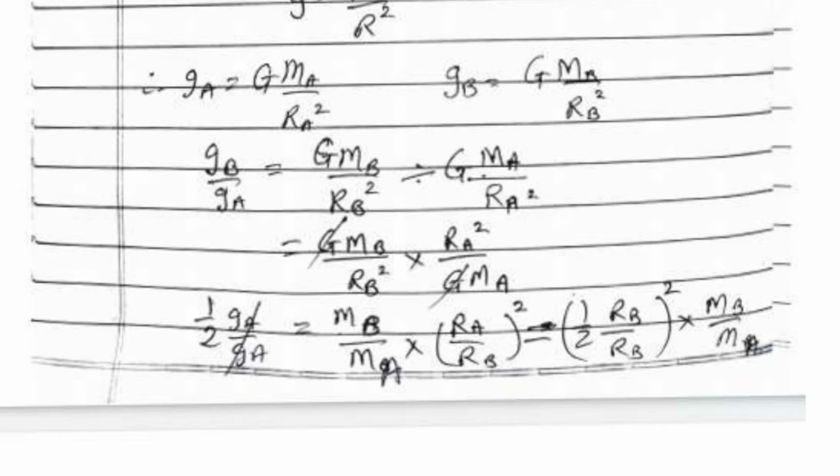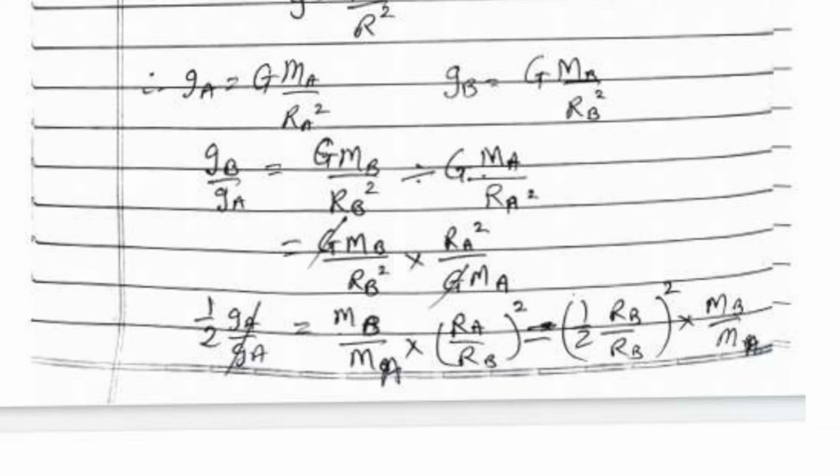Now G being a constant will get cancelled. So take all M's together, R's together. Now we know that they want GB as half of GA, so I have made a substitution here.